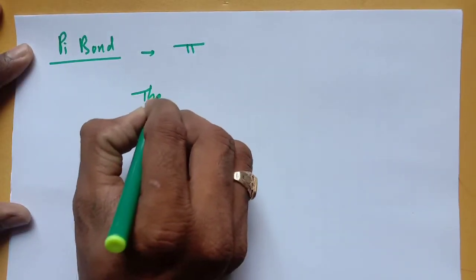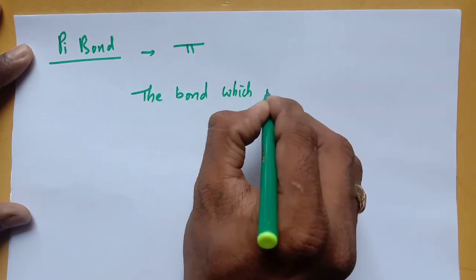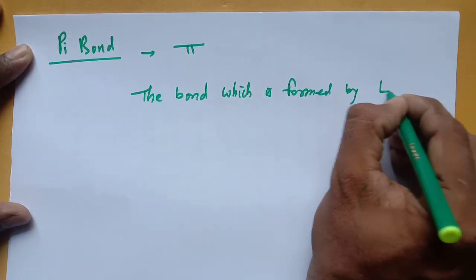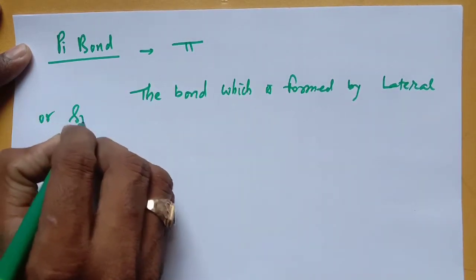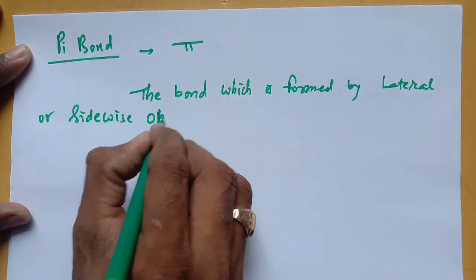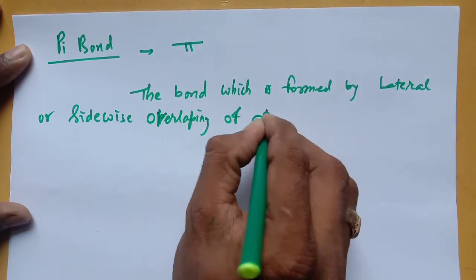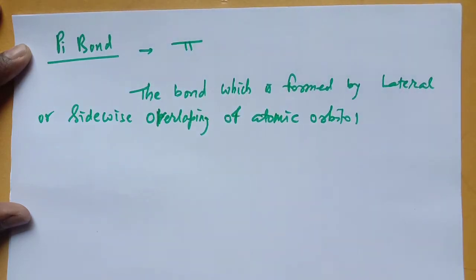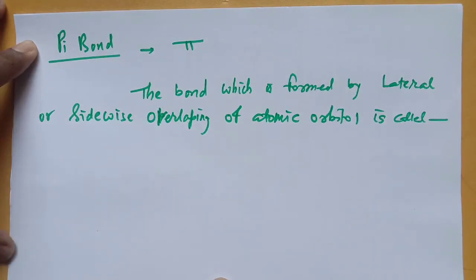The bond which is formed by lateral or sidewise overlapping of atomic orbital is called pi bond.